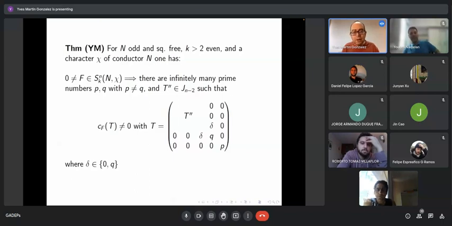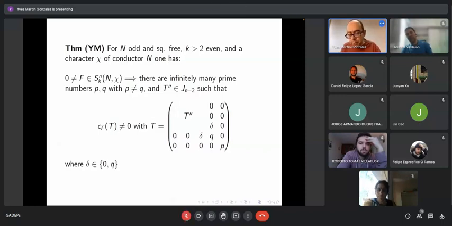So for that reason, I can choose the corresponding prime bigger than something. So I could get an increasing sequence of primes, each one larger than the previous one, such that something happens. But I cannot say more.